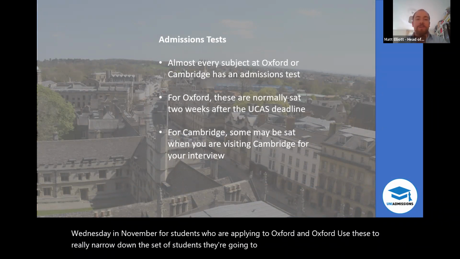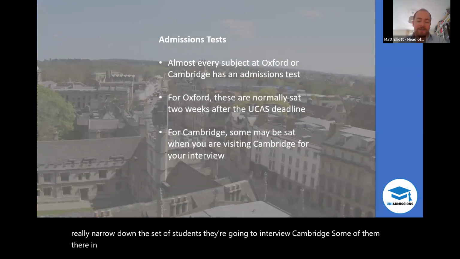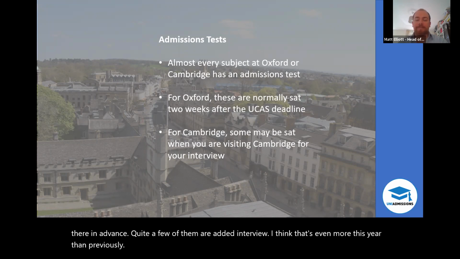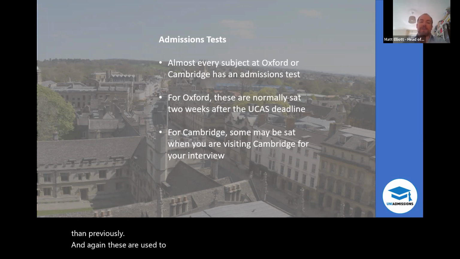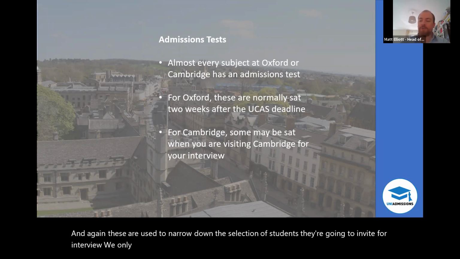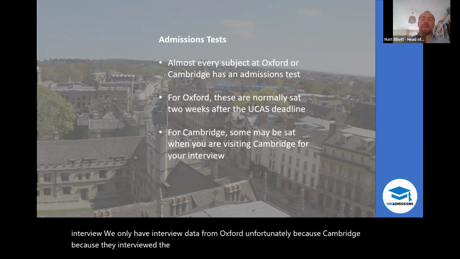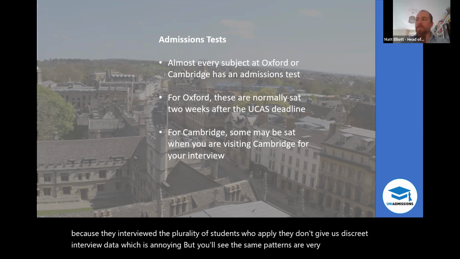Cambridge, some of them are in advance. Quite a few of them are at interview. I think that's even more this year than previously. And again, these are used to narrow down the selection of students they're going to invite for interview. We only have interview data from Oxford, unfortunately, because Cambridge, because they interview the plurality of students who apply, they don't give us discrete interview data, which is annoying, but you'll see the same patterns are very much there as for Oxford.